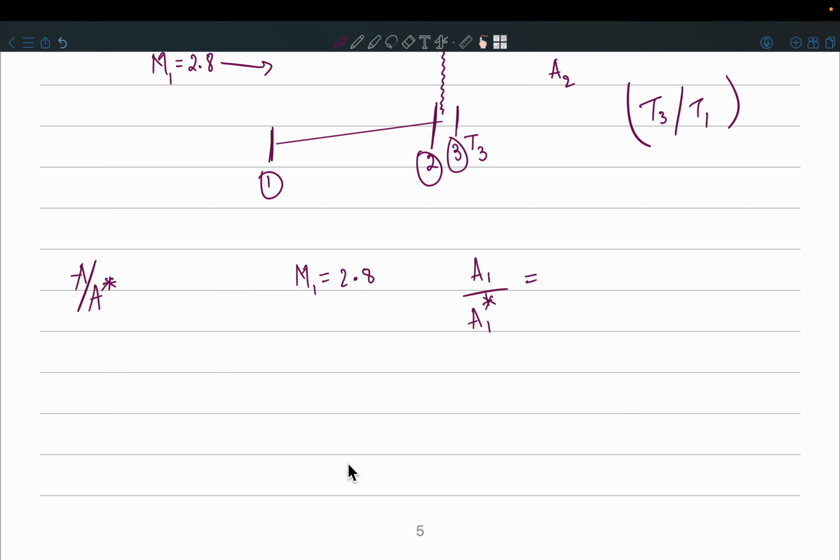What is it? .8 is not given in table. Okay, so for 2.75, how much is it?